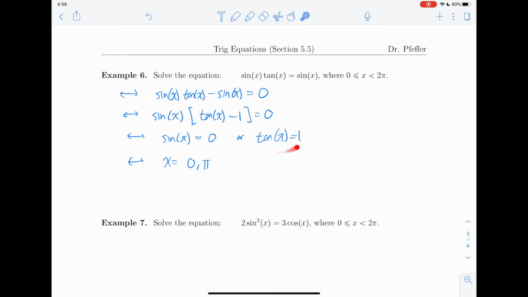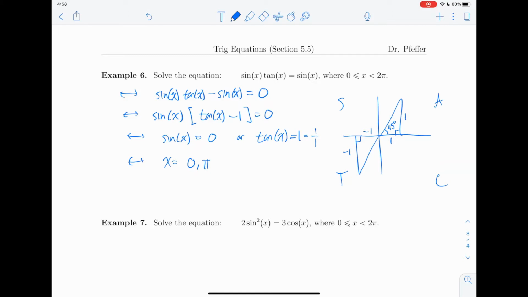The harder one might be tan x equals 1, but if we write our quadrants A, S, T, C, we see that tangent is positive in the first or the third quadrants, and we remember that tangent can be rewritten as 1 over 1, we see immediately that opposite over adjacent, the angle in question here is 45 degrees.